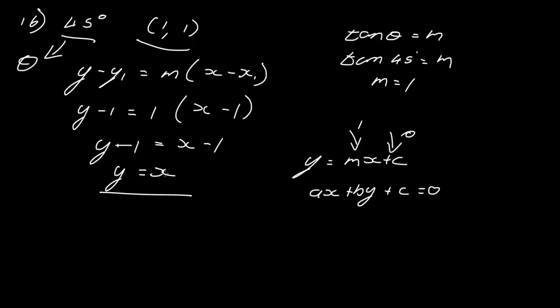If we take the x across and leave a 0 on the right hand side, we're left with minus x plus y equals 0. They don't like a negative in front of the x in your book, so it's multiplied through by minus 1, and we're left with x minus y equals 0. And there you go. We've got the equation in general form, 100%. Okie dokie. Let's do a couple more.